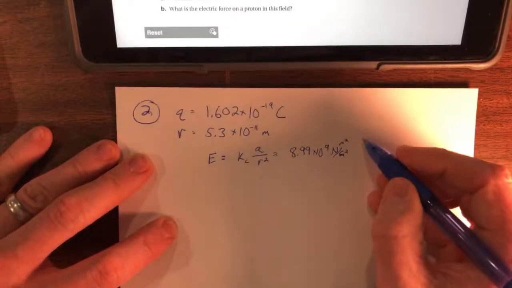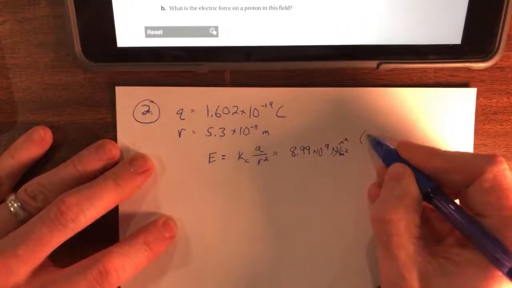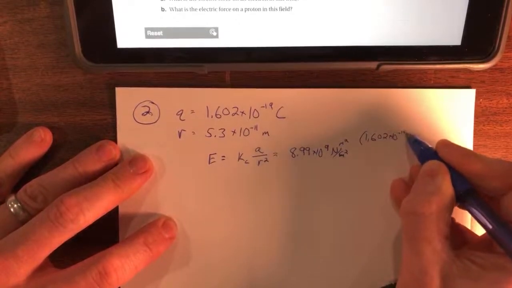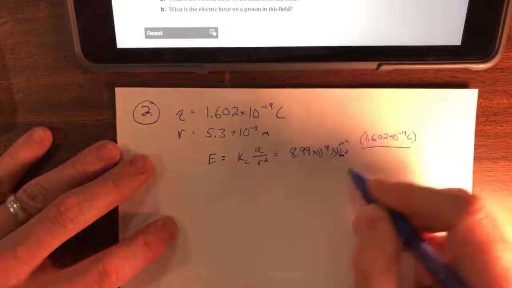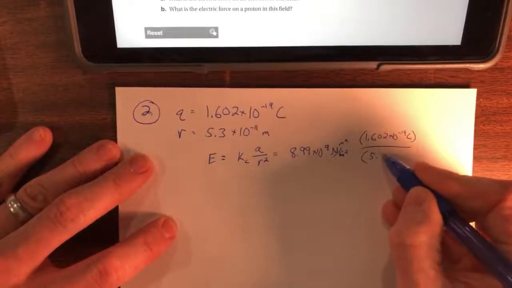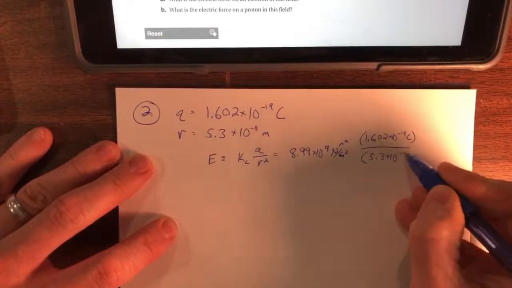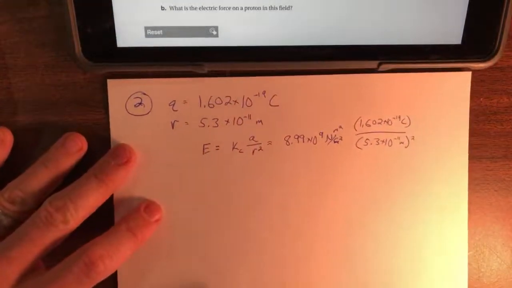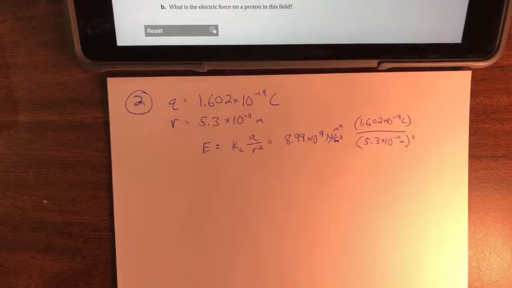Then this is times a Q value of 1.6 times 10 to the minus 19 coulombs, all over this 5.3 times 10 to the minus 11 meters squared. It's important that you work with the order of operations and get your parentheses in correctly when you actually solve this.